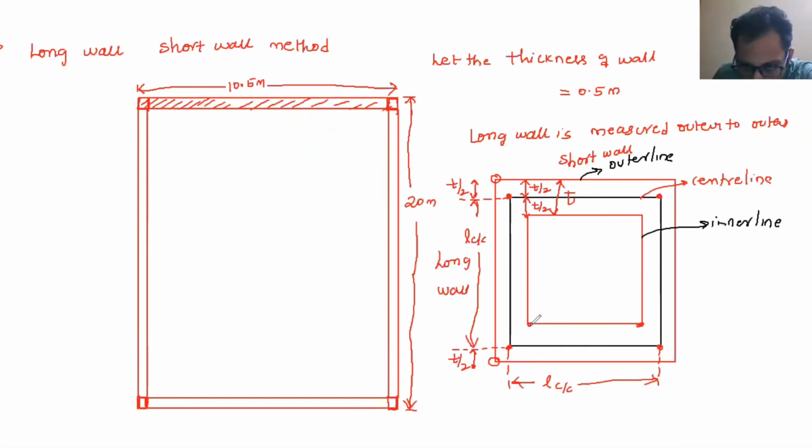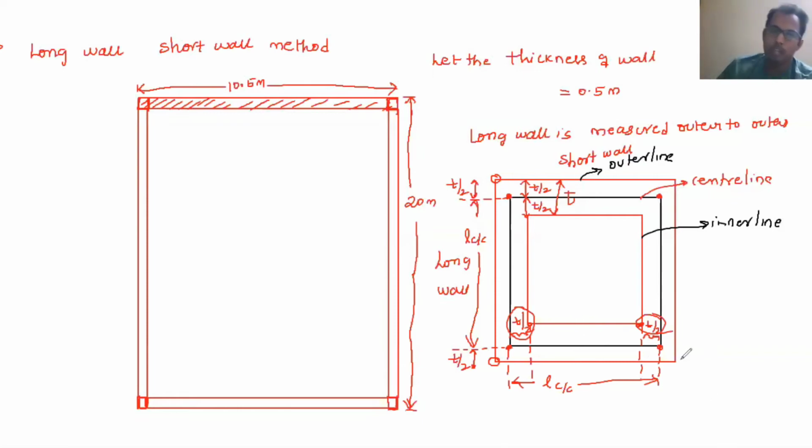So inner to inner means this. That means I have to deduct half thickness on either side. So on this side I have to deduct half thickness, and on this side I need to deduct half thickness. Then I will get the length along the shorter span or shorter wall.